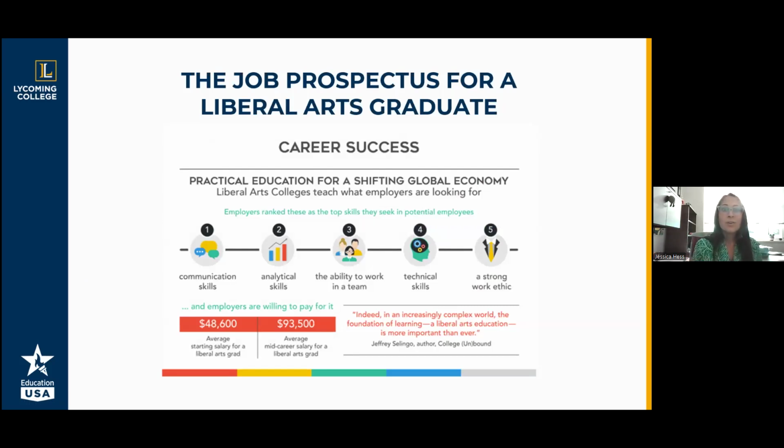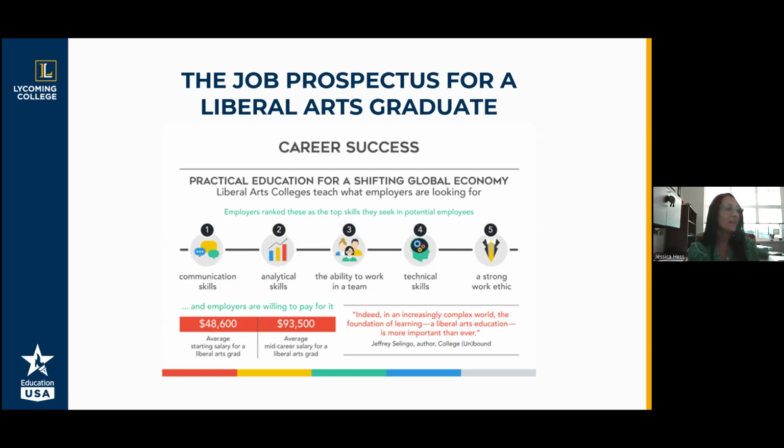So again, your family is going to really want to know what are going to be the outcomes for you should you choose to go to a liberal arts and sciences institution. So I did want to make sure that I provided some information for you here that again will help you understand and articulate, right, some of the benefits of having that liberal arts foundation as you go on into developing what we call, right, a career and life of meaning.